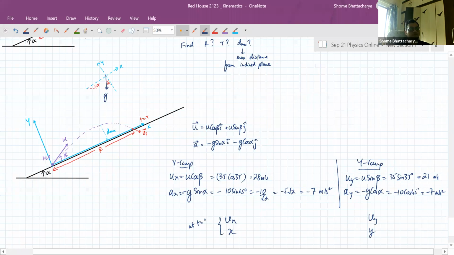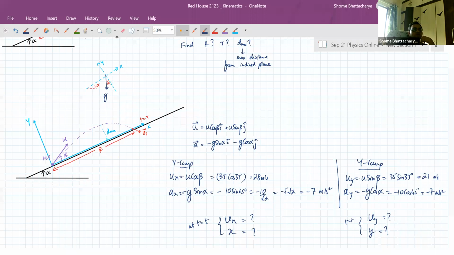From that, you'll be able to easily generate the required equations to find these three quantities: the time of flight, capital T, or the impact time, the maximum distance, and the range.